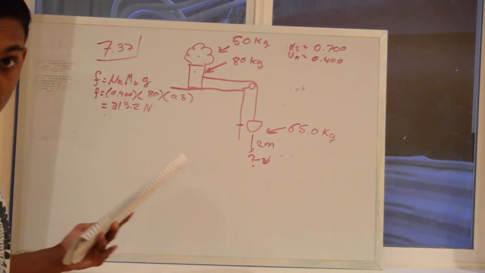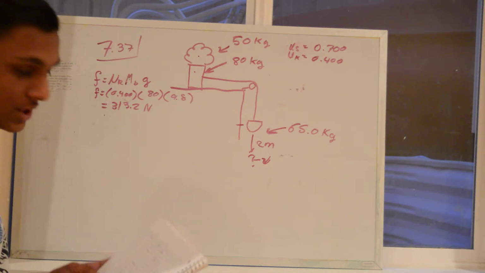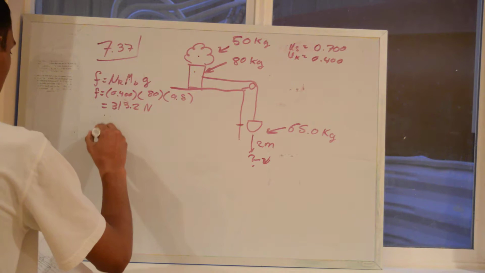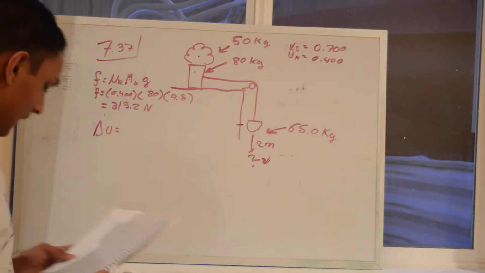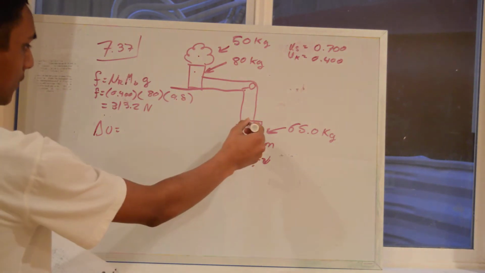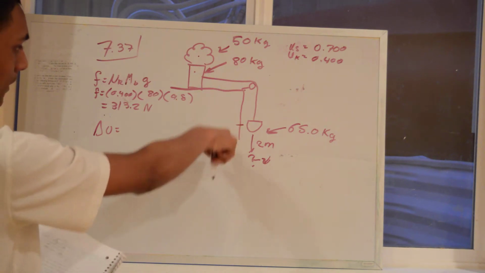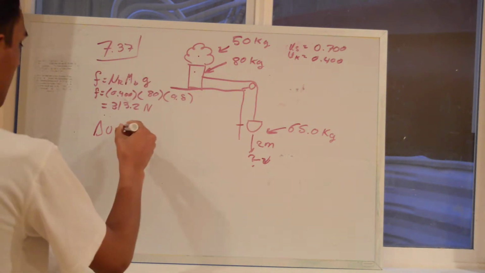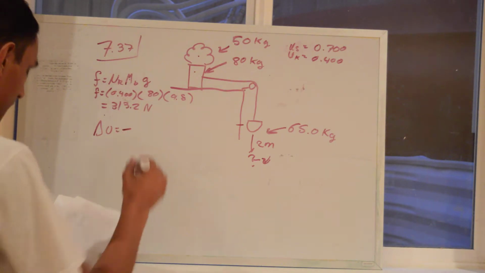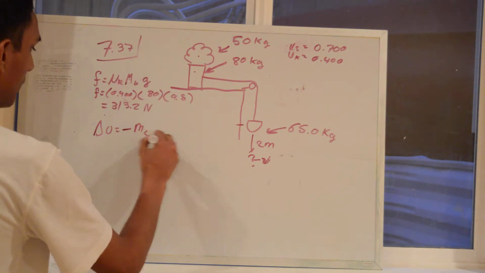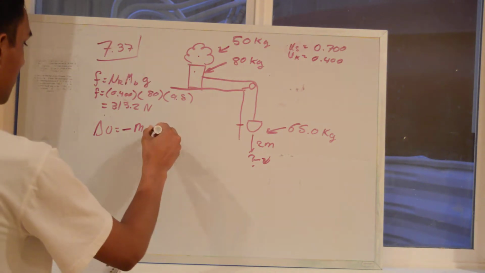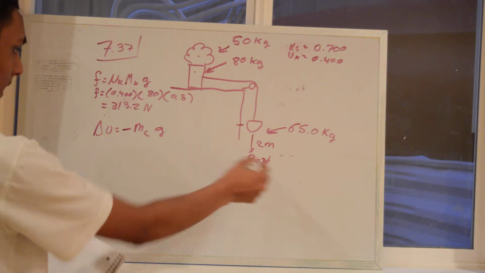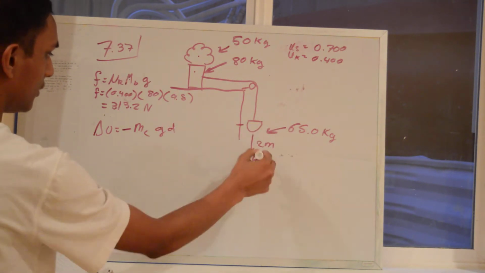The next part we want to do is to use the energy conservation, and to find energy conservation we need to know the change of energy. So delta U is equal to, because the concrete bucket is moving in the downwards direction, in our reference frame we're going to call this negative. It'll be negative the mass of our concrete times the acceleration constant multiplied by our distance that it dropped, which is 2 meters.